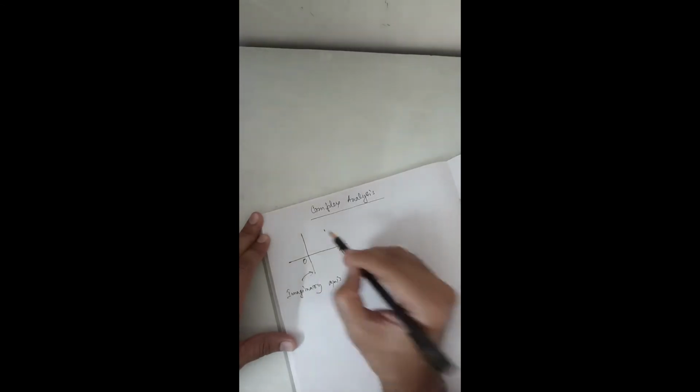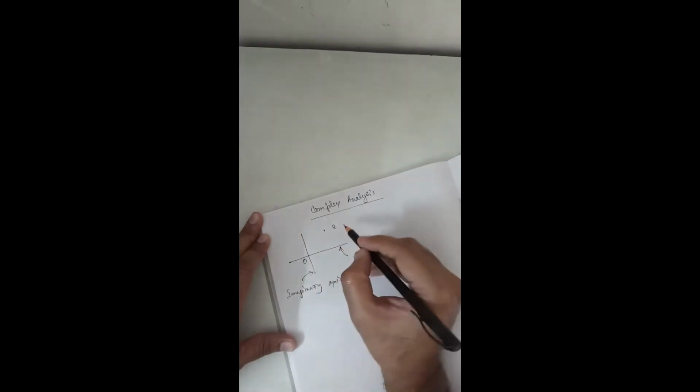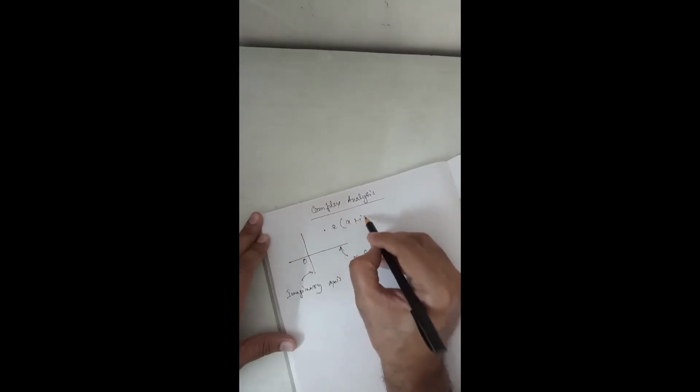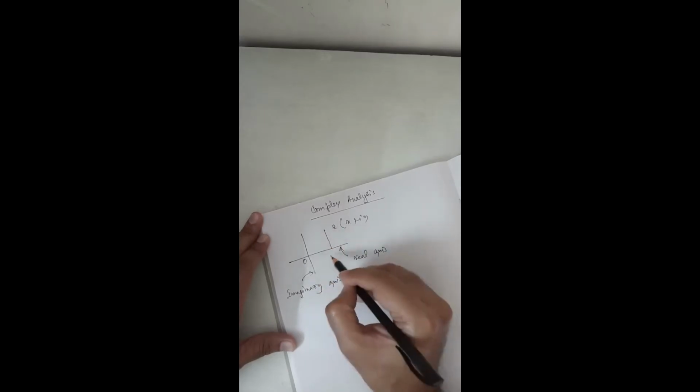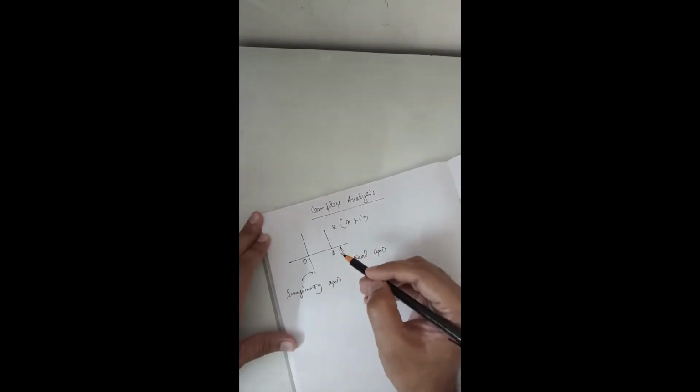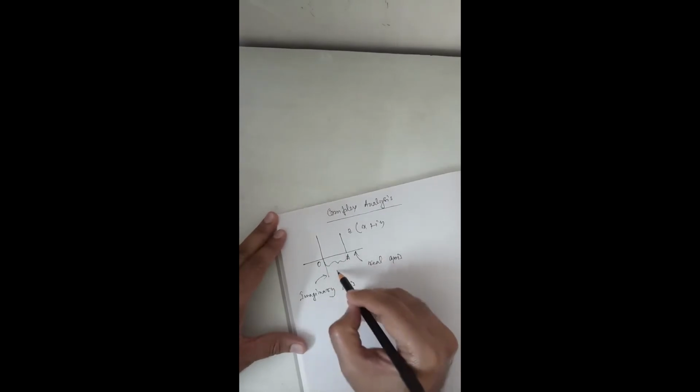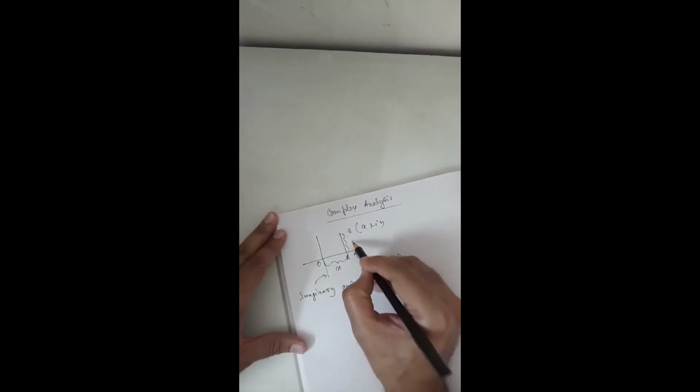Suppose here is a point which is denoted by Z and its Cartesian representation is x plus iy. Draw a perpendicular, and this OA is x and AZ is y.